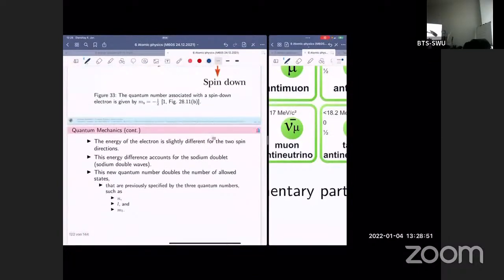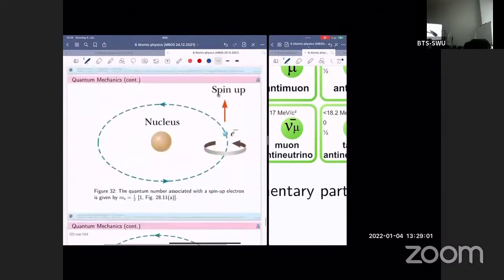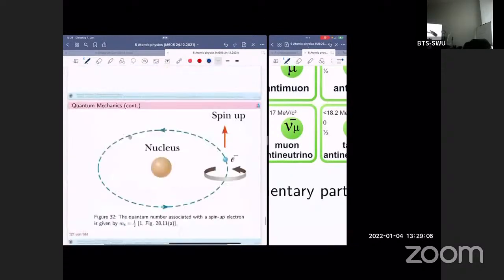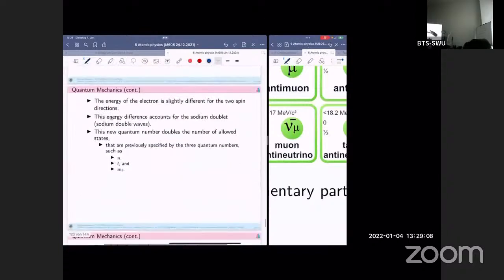The energy of the electron is slightly different for the two spin directions. The slight difference means the split of these two energy levels right here. And yes, the energy difference accounts for the sodium doublet, or double energy levels, the sodium double waves.